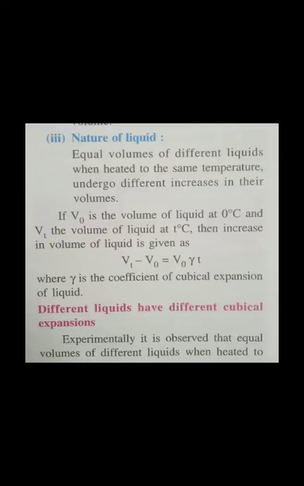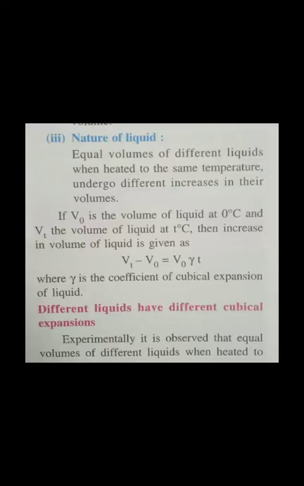Now, to write it mathematically, if V0 is the volume of liquid at 0 degrees Celsius and Vt is the volume of liquid at T degrees Celsius, then increase in volume of liquid is given by the difference of Vt and V0.